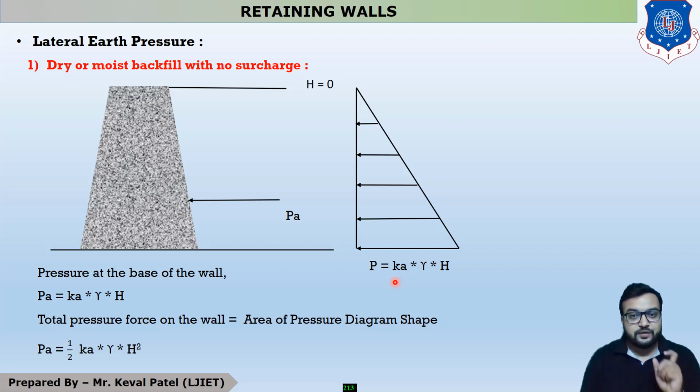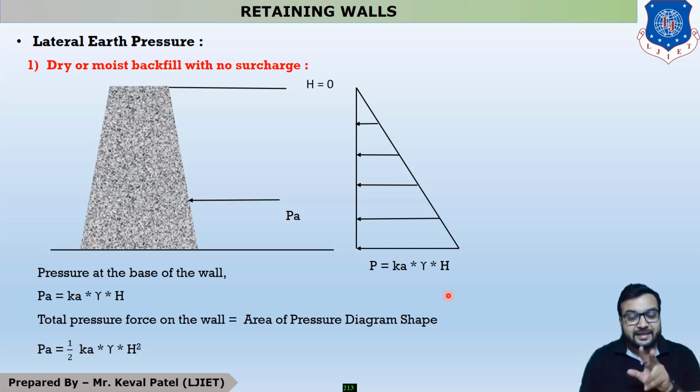Ka means coefficient of active earth pressure. The value of pressure at the bottom of the retaining wall is Ka into gamma into H. This is the equation of pressure.